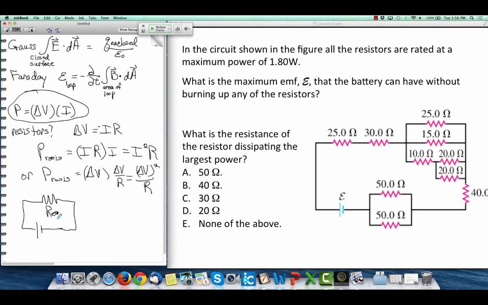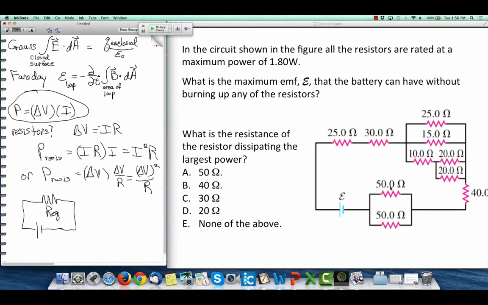In other words, you have to put these two in parallel together, and that gives you something here in series with that, and then those three are in parallel, so there's an equivalent resistor there, and these two are in parallel, so there's an equivalent resistor there.